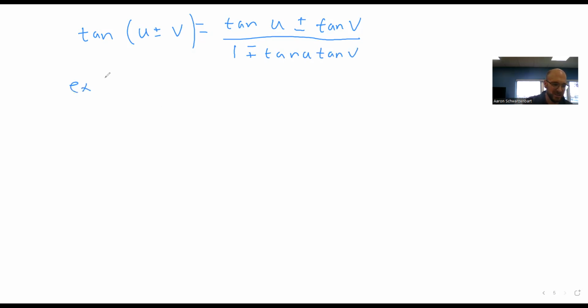So example 5 asks us to do a tangent. It asks us to do this. Unless you know tangent of 3 pi over 2, it's probably easiest to just do sine over cosine. I could tell you what tangent of 3 pi over 2 is, but that's beside the point. Sine.